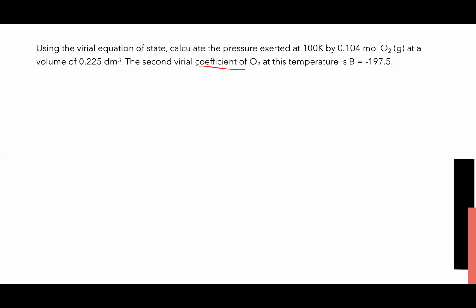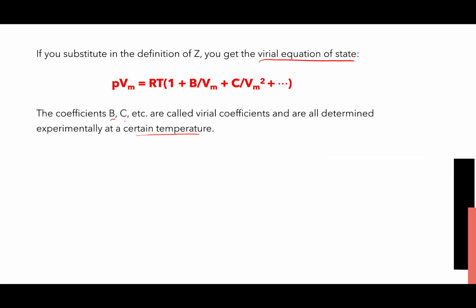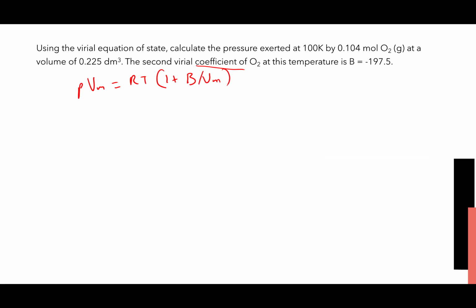So our virial equation of state is P times Vm equals RT times 1 plus B over Vm, and we're going to cut out C and everything that comes after it because it wasn't given to us.